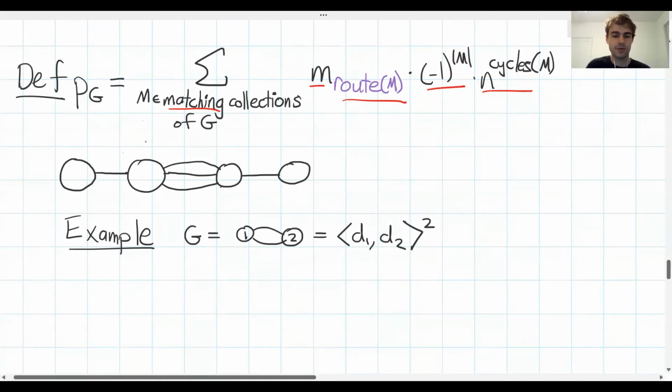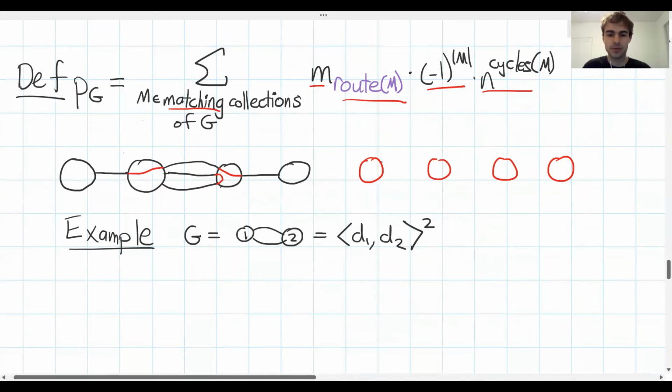For example, here I've drawn this graph G. One way you could do it is you could match up this incident edge here like this, and you could leave these other two unmatched at that vertex. Match up this one here, you can match up these here. This is one possible way you could form a matching collection in this graph. Okay, the routed graph is the result of following the matching collections and forming a new graph where you've replaced all the edges by their completely routed versions.